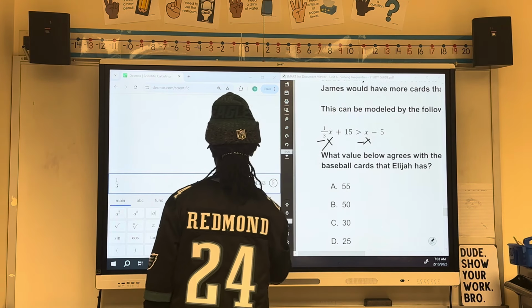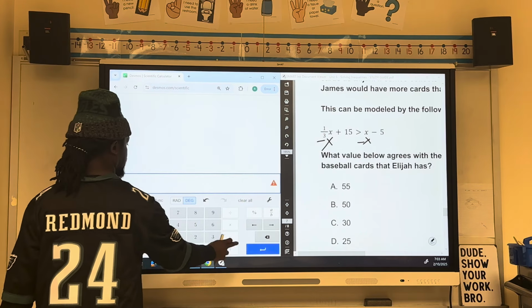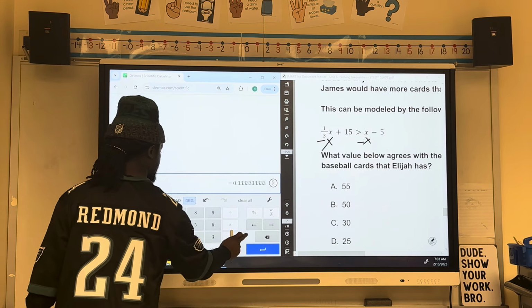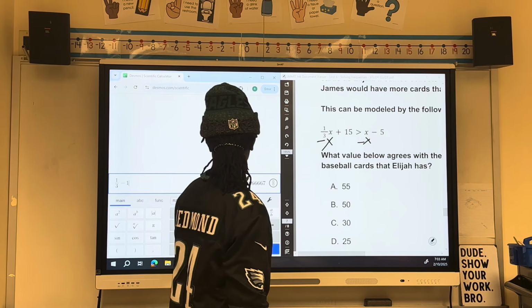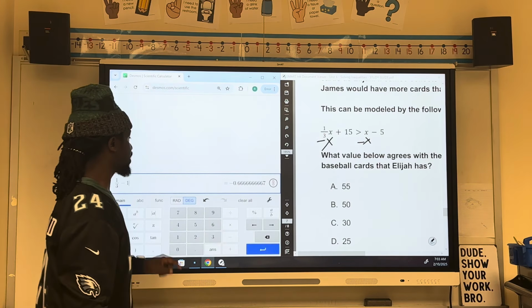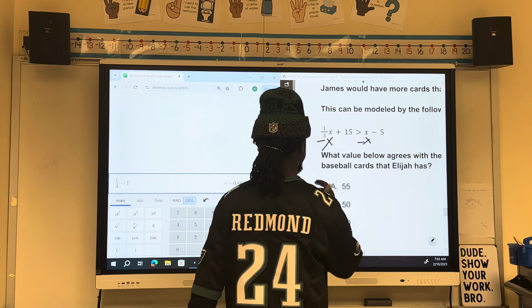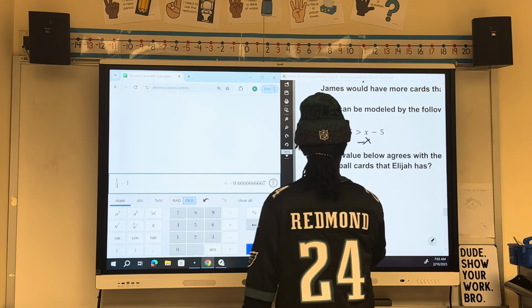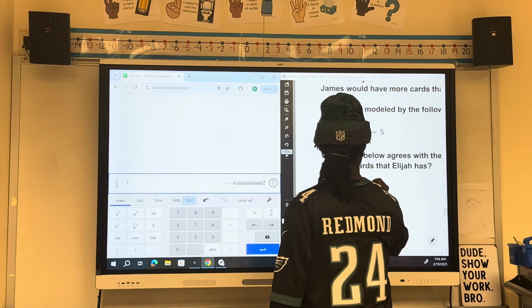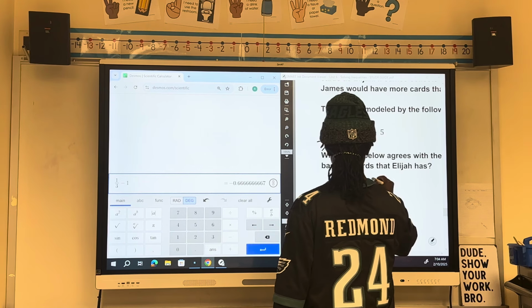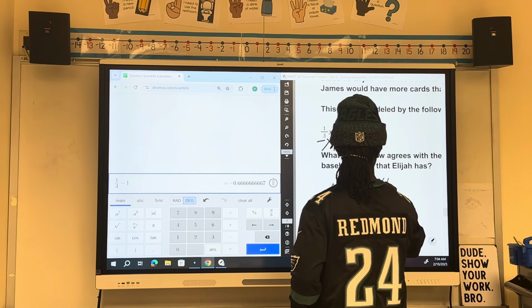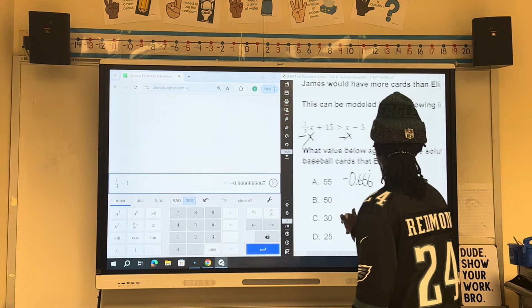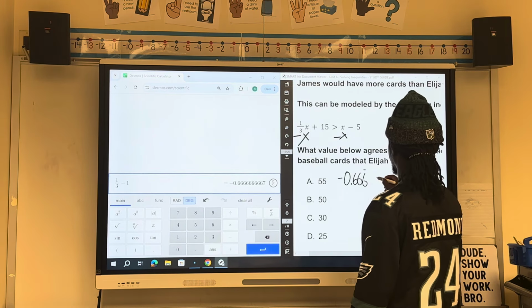We got 1/3 minus, again, I'm subtracting that x, that's 1, all right? So 1/3 minus 1 is going to give me negative 0.666 repeating, okay? That's really 2/3 as a fraction, okay?